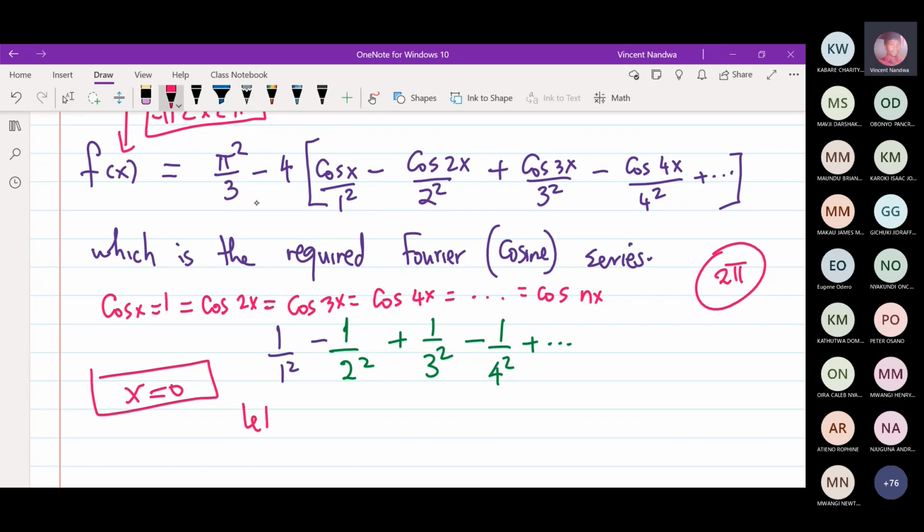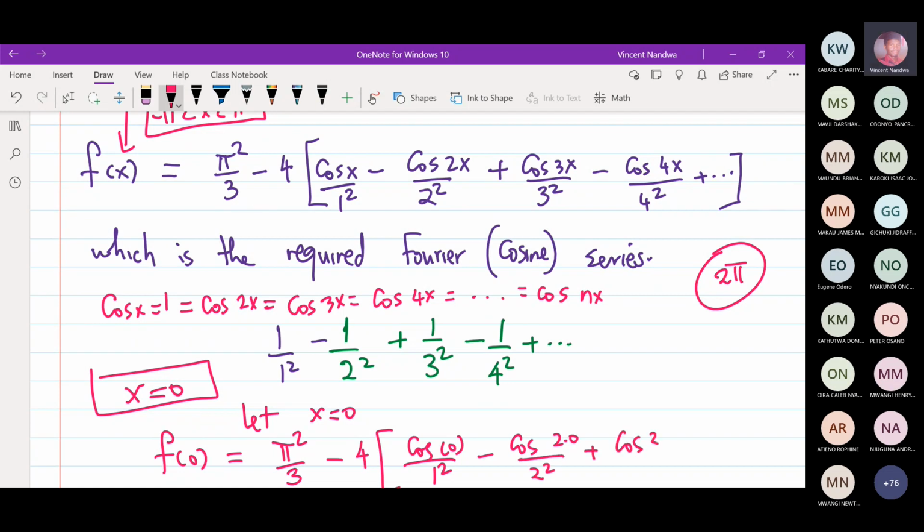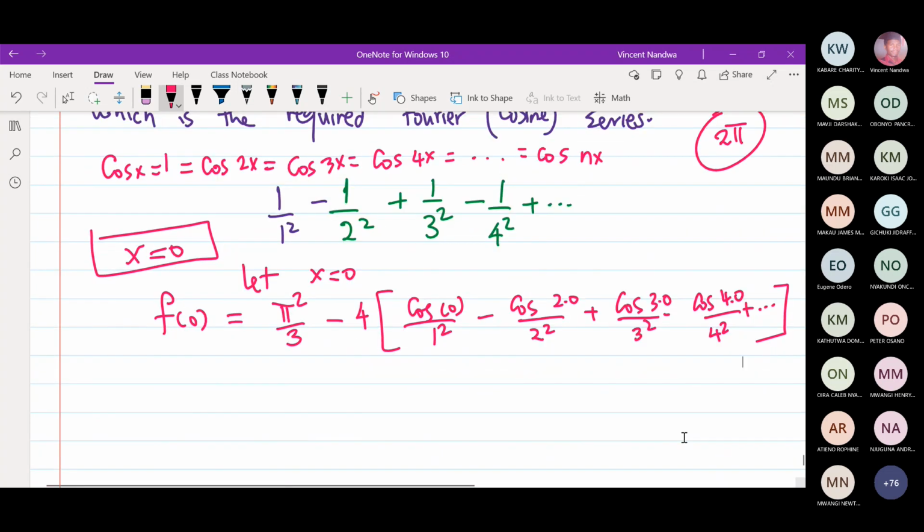So when we let x be 0, we'll have f of 0 equals pi squared over 3 minus 4 into cosine of 0 over 1 squared minus cosine of 2 times 0 over 2 squared plus cosine of 3 times 0 over 3 squared minus cosine of 4 times 0 over 4 squared plus other several terms. And what is the value of f of 0?